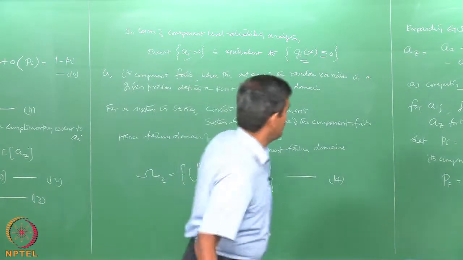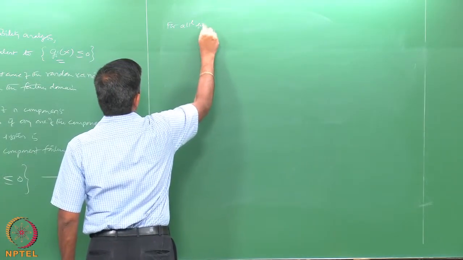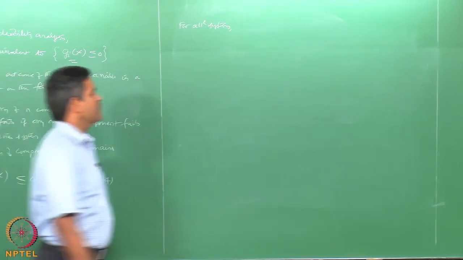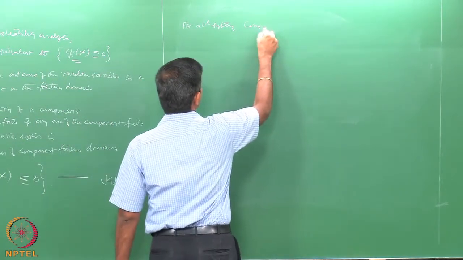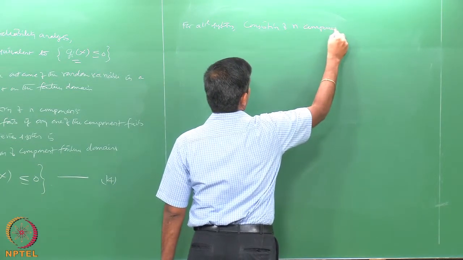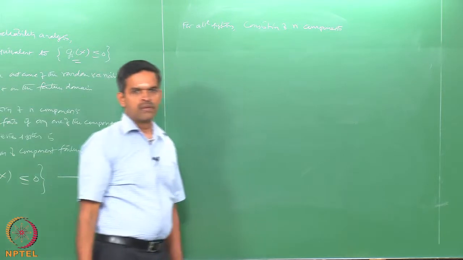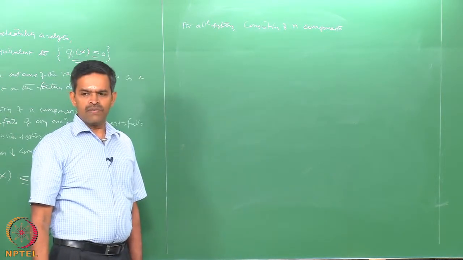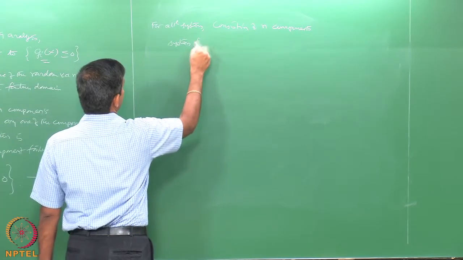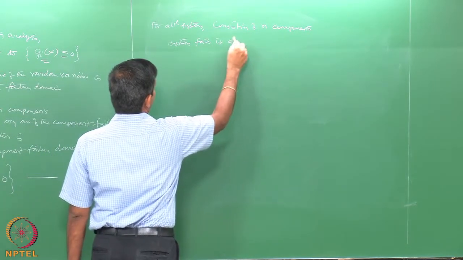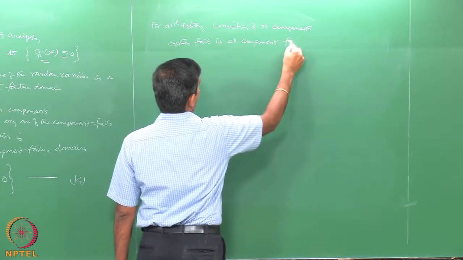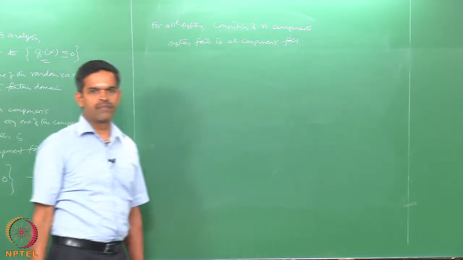For a parallel system, which consists of n components, the system fails if all components fail. Is it not?